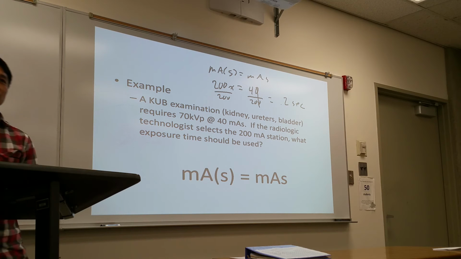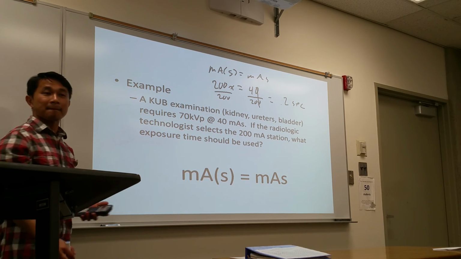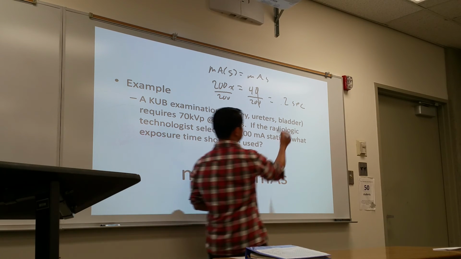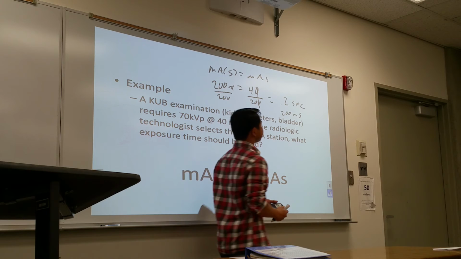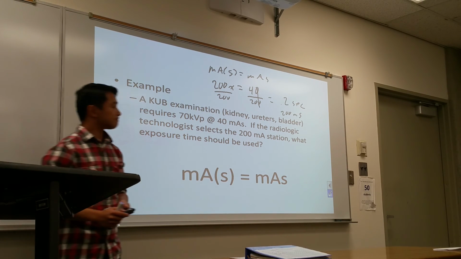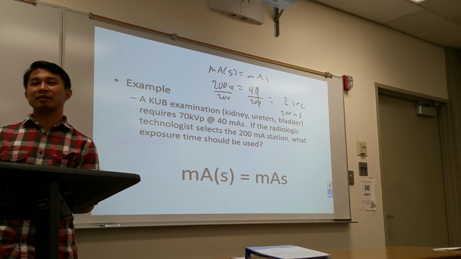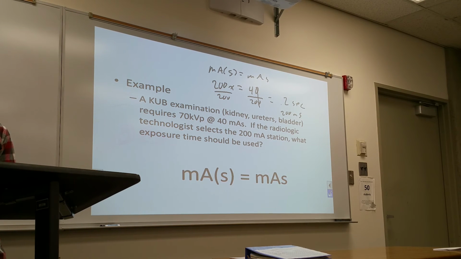0.2 of a second, so what's that in milliseconds? 200. Move the decimal three places. But it's always measured in seconds, right? Everything's a fraction of a second, because in X-ray everything's in fractions.